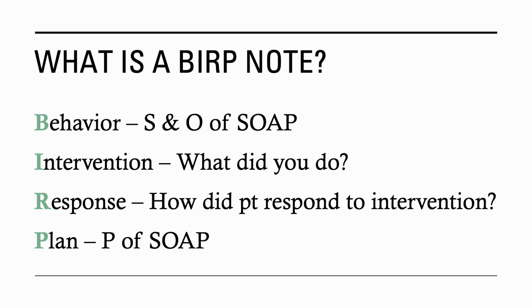One of the key differences from the SOAP note is that the BIRP note combines the subjective and objective portions of the SOAP note, so the S and the O, into behavior, which is more streamlined for behavioral health and therapeutic interactions. So that's why that is a little bit broken down and concise.